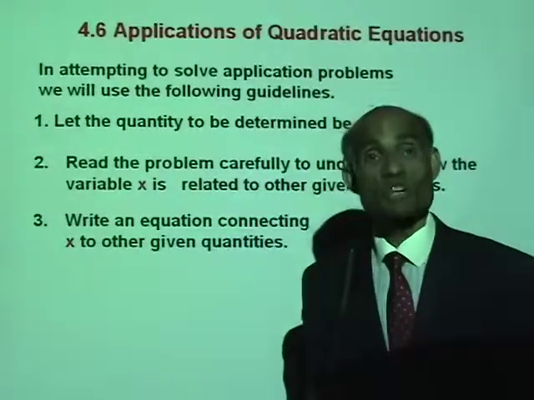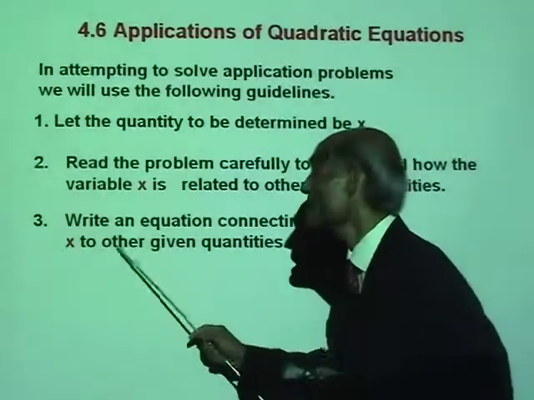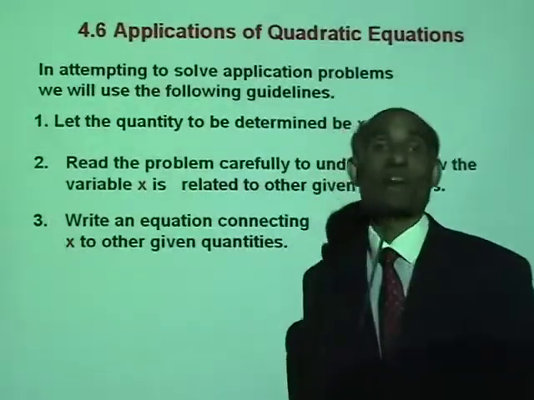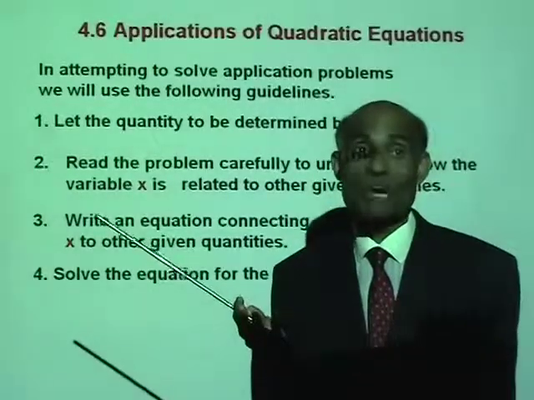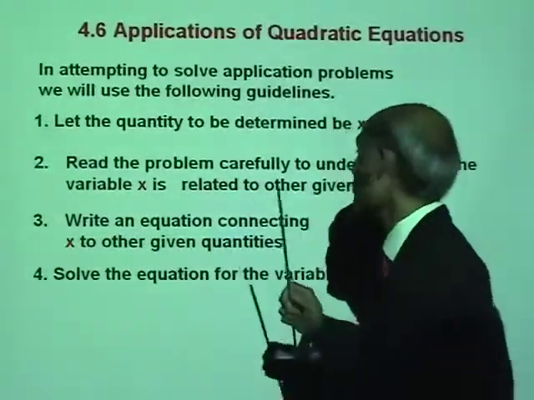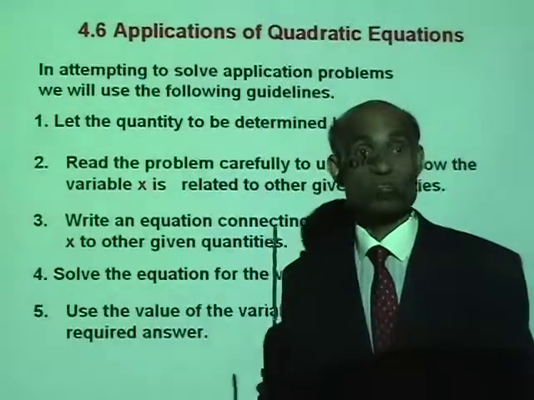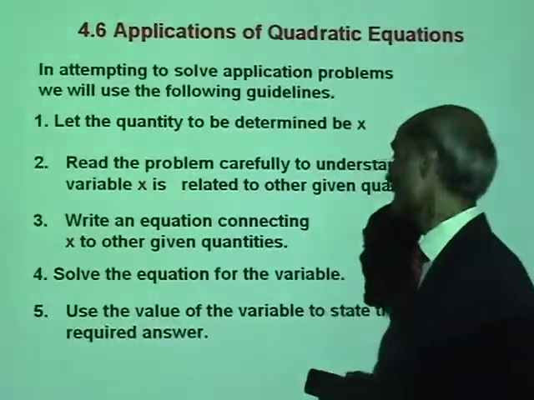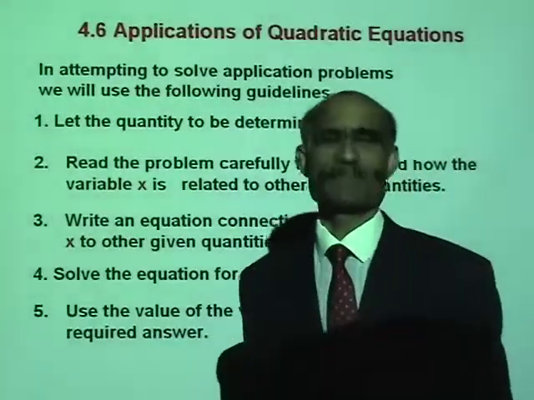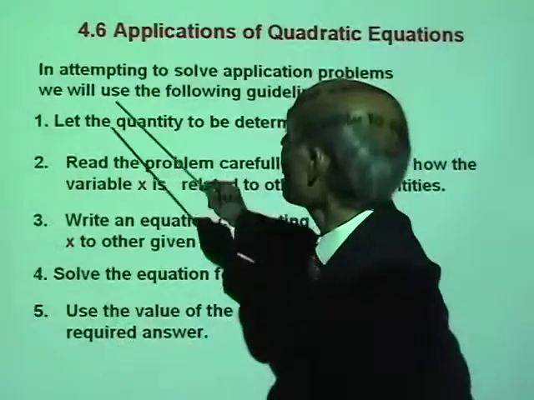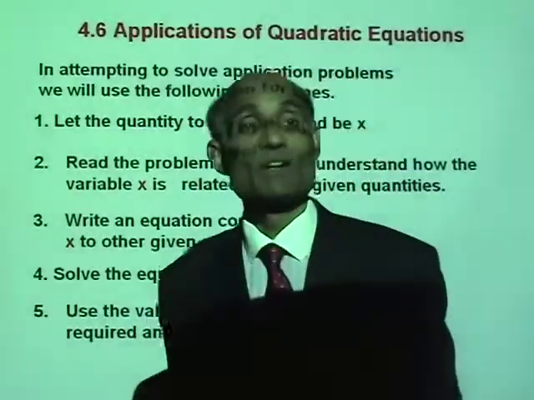And once you understand that relationship, you can write the equation connecting x to the other given quantities. Well, once you have the equation, solve the equation for the variable, and that is it. And use the value of the variable to state the required answer. Try and follow these steps. Let's go and do a problem.